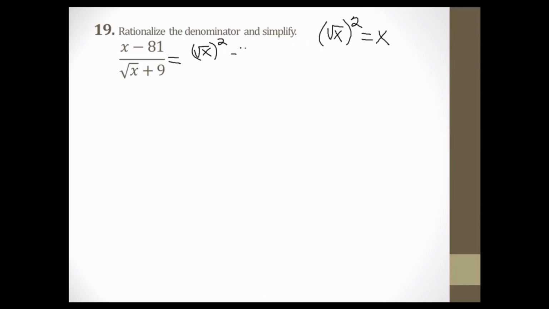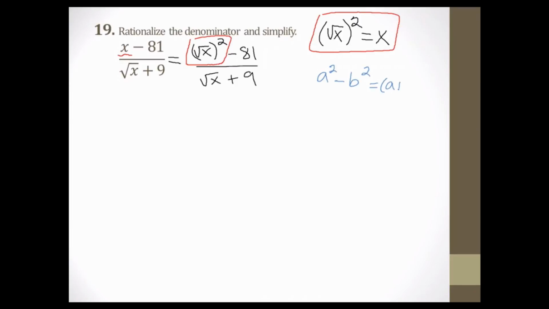So I'm going to rewrite everything else. And just so you know where that came from, it came from this situation here. So now what we have is the difference of two squares. Let's remember what that is on the side. A squared minus b squared equals a plus b times a minus b.